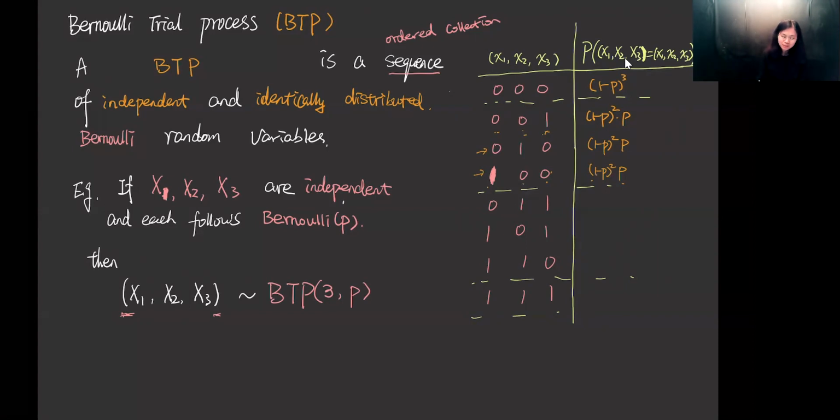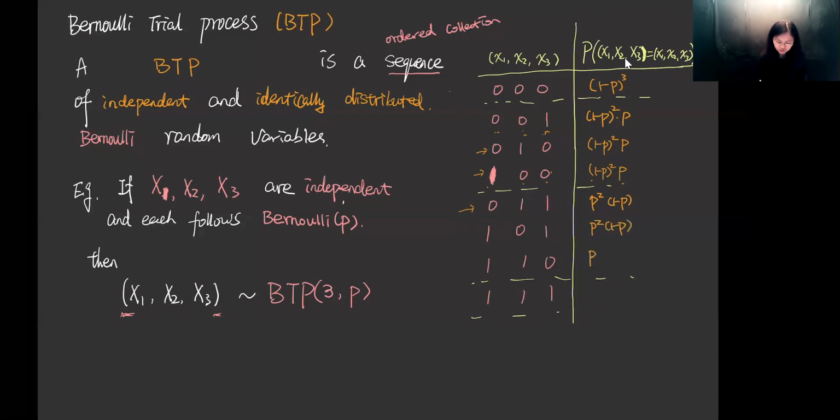Following the same principle, we can see that each of the outcomes with 2 ones and 1 zero has probability p squared times 1 minus p, because there are 2 occurrences of 1s, each with probability p, times 1 minus p, which is the probability of the Bernoulli random variable equaling 0.